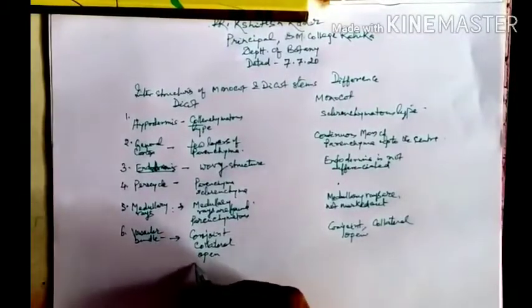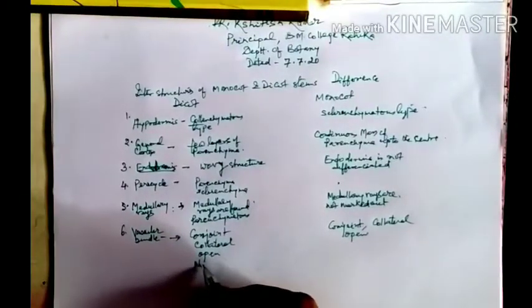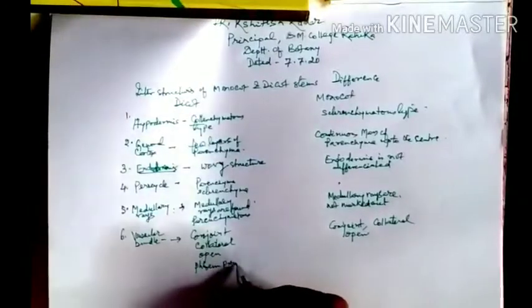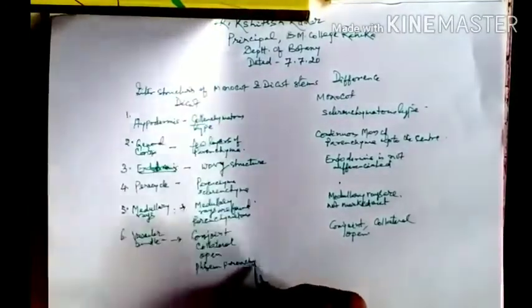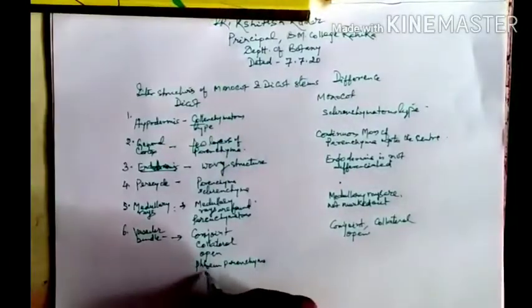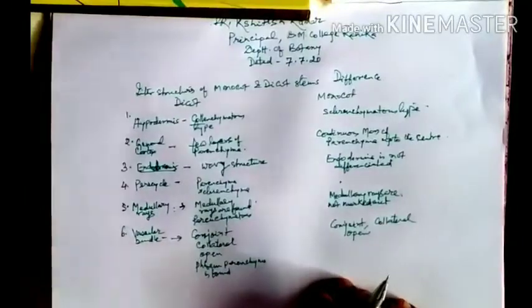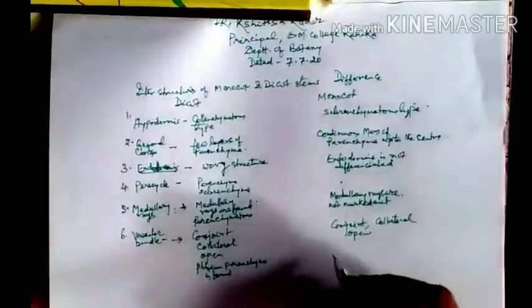Here in the dicot the phloem parenchyma is present, but in the monocot it is absent.